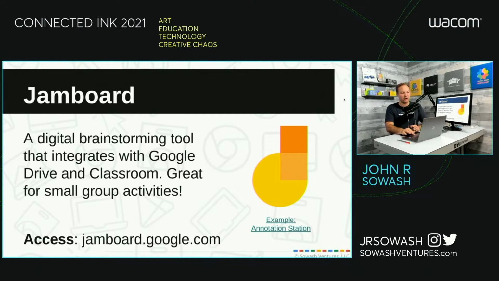This is Jamboard. Now, Jamboard is a member of the Google Drive family. If your school uses Google Docs, Slides, Sheets, and Forms, Jamboard is available for you as well. And it's basically a whiteboard. It shares some similarities with Whiteboard.fi in that it is a whiteboard and you can draw on it, but it's designed for collaboration.